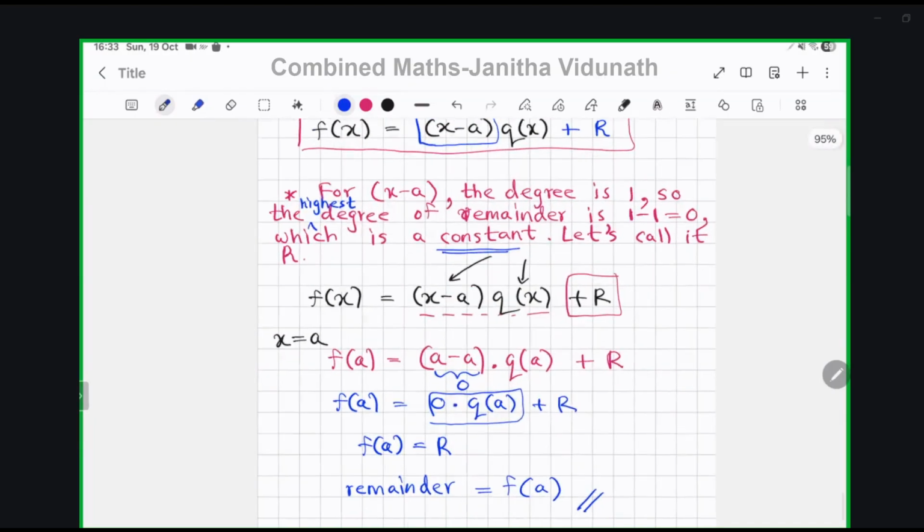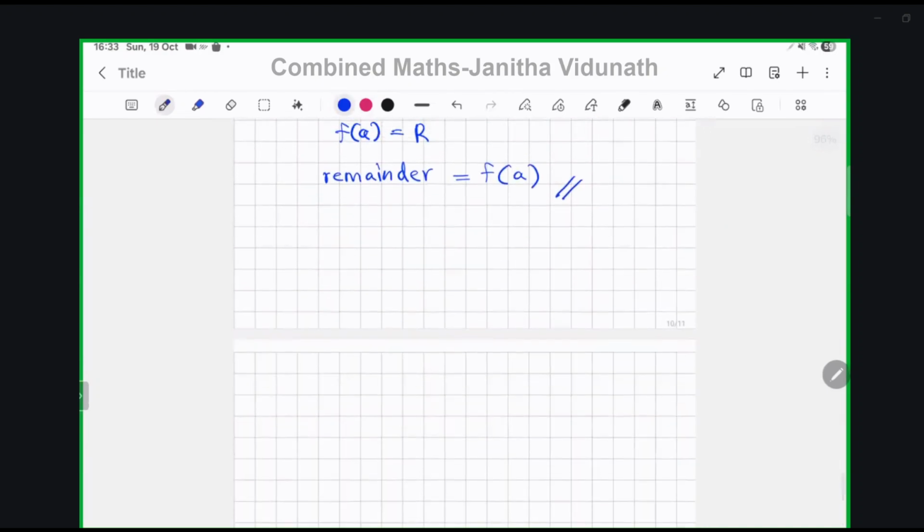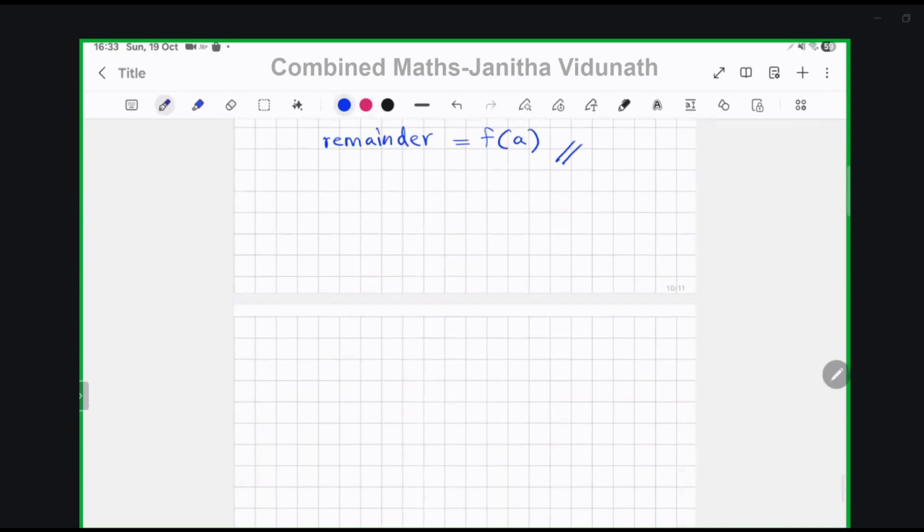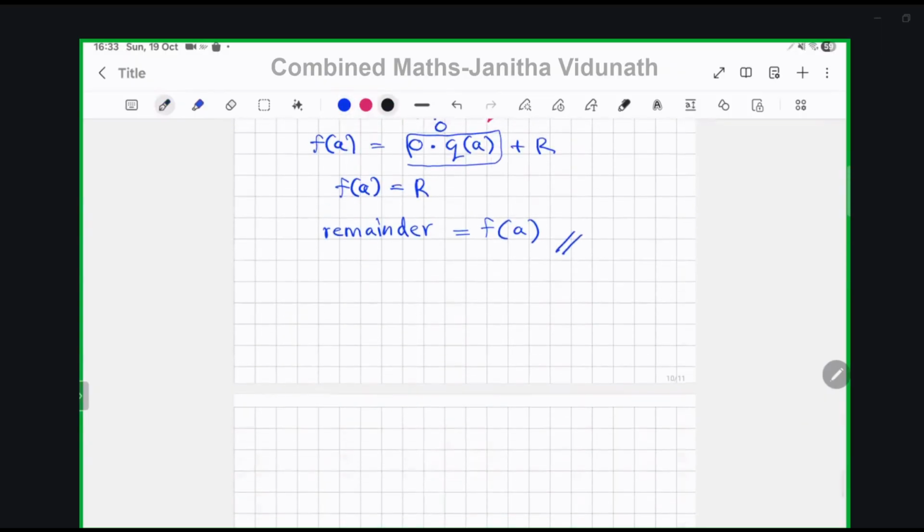Now I will explain another example, and after that I will give some questions to solve by you. Let's say this is example number 3.